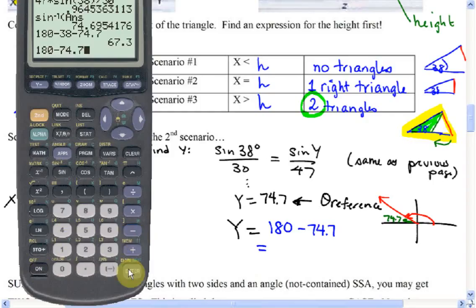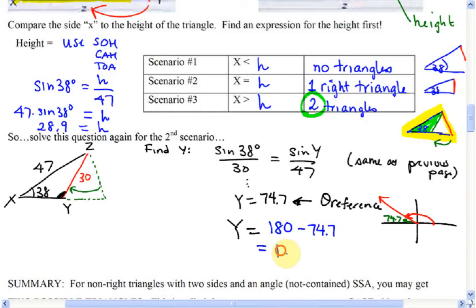Remember, sine is always positive in the first and second quadrants only. Can your answer be like 200 degrees? In a triangle, all the angles add up to 180, so there's no way you can have something more than that. If you got that on a test, then you messed up somewhere. So this angle y now equals 105.3 degrees.